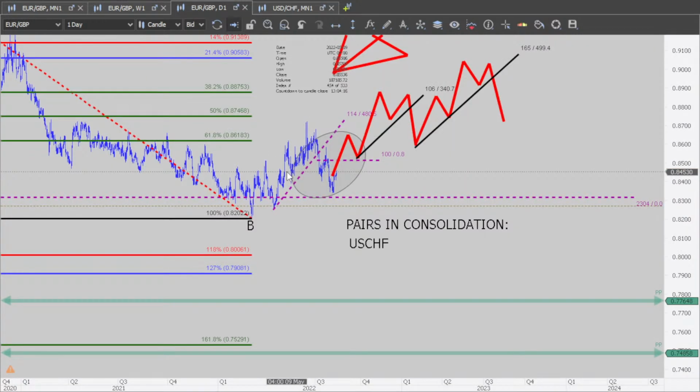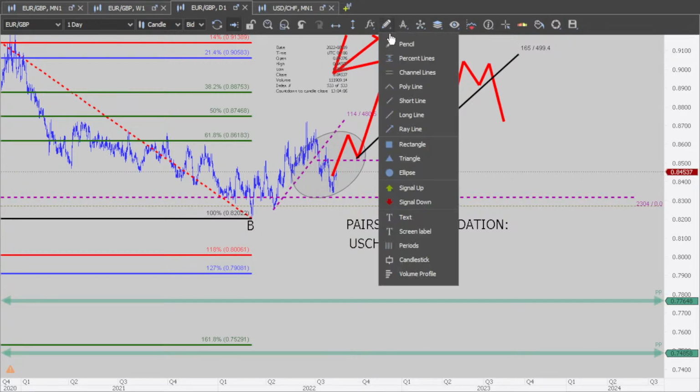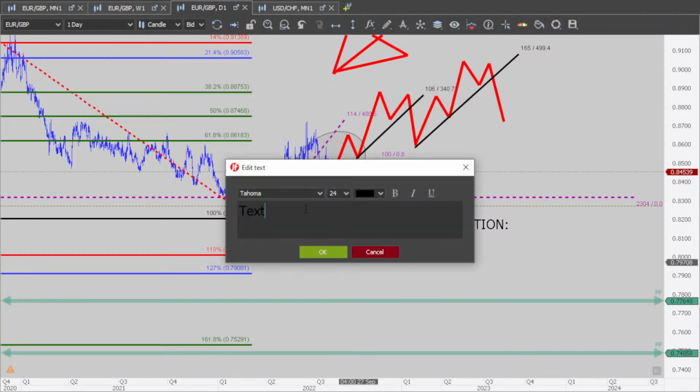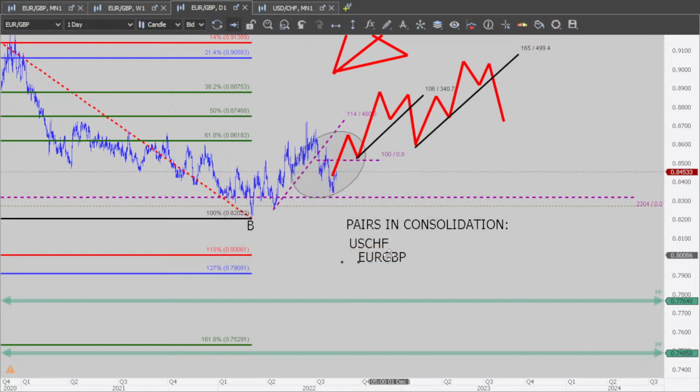3 more. Hedge fund trader Julius, hedge fund trader Olufemi, hedge fund trader Dancy. Come on. 3 more. One you are looking at right now. So Euro GBP, it's in consolidation. We have 2 more. 2 more currency pairs, everybody.